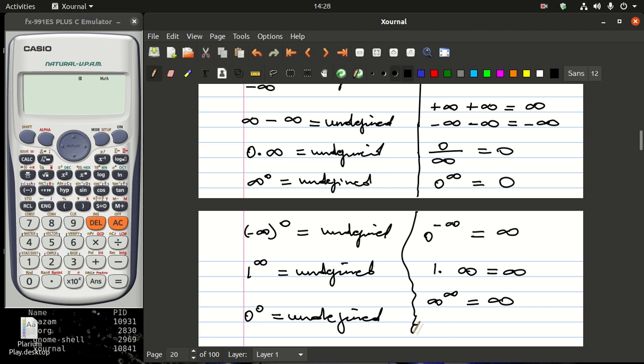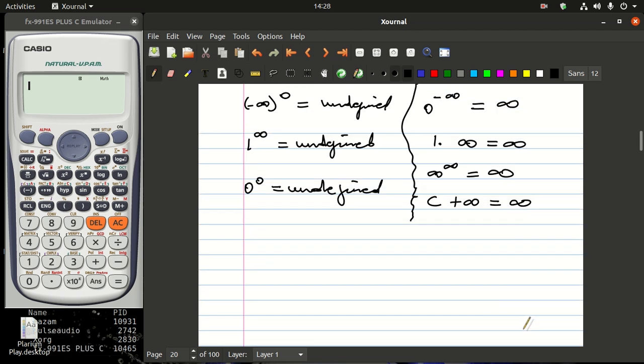And if I take a constant, whether positive or negative, and I add infinity to it, I will get the biggest number. Whether the constant is a million, as long as it is finite, infinity will always overpower it, and we will always get positive infinity. And if I take a constant and subtract infinity from it, whether positive or negative, as long as this constant is finite, I'm always going to get negative infinity.